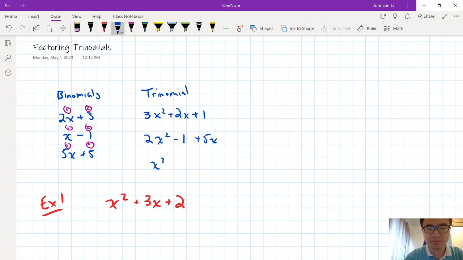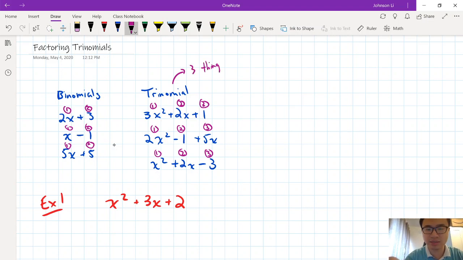It doesn't really matter too much what the items are, as long as you can see three individual items. So in all three of these expressions, we have three things being added and subtracted from each other, and that's why they are called trinomials. Conversely, binomials always have two things, added or subtracted.